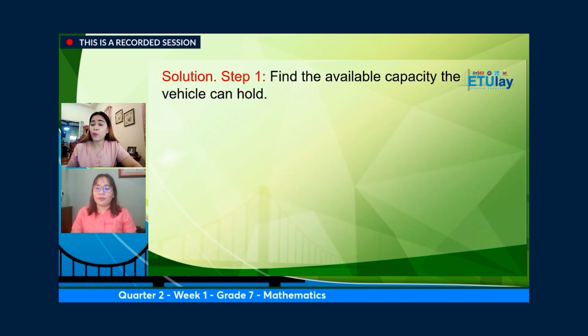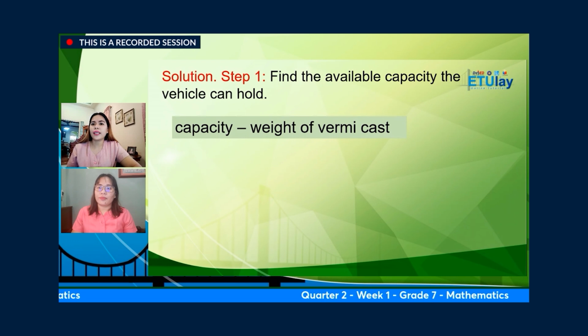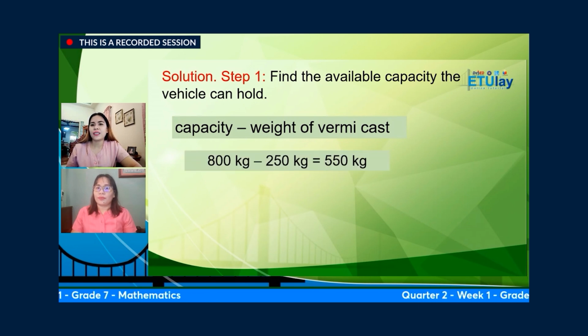Okay, for step 1, we have to find the available capacity the vehicle can hold. That would be capacity minus the weight of vermicast. So we have 800 kilograms as the capacity minus 250 kilograms as the weight of vermicast. So that would be 550 kilograms.